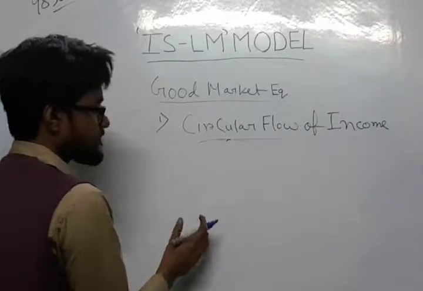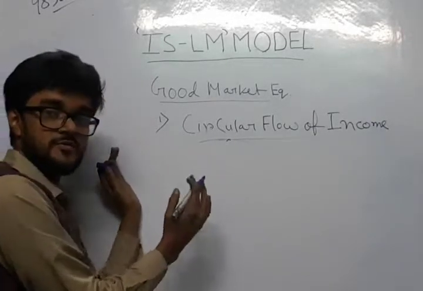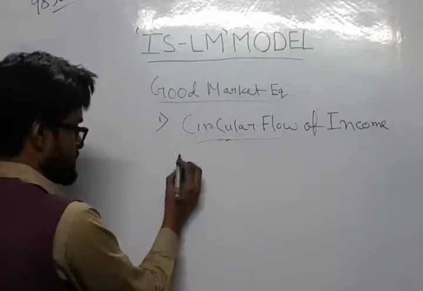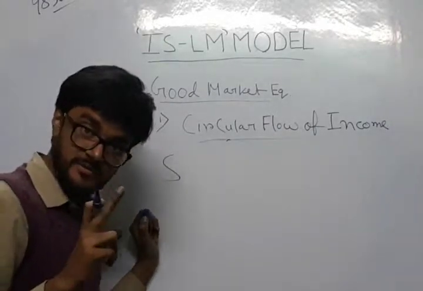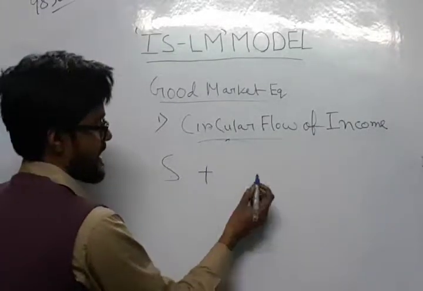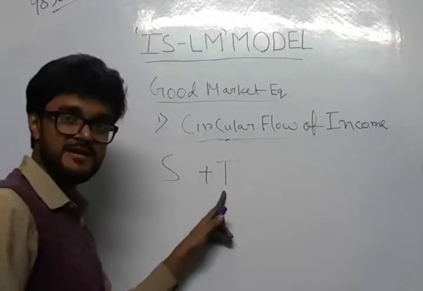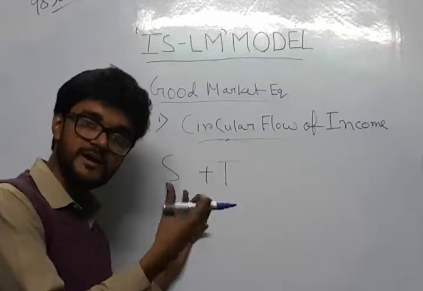That is, first on the left hand side we'll write the terms which are responsible for leakage. The terms are savings and tax. Savings is responsible for leakage, and say tax. Due to imposition of tax, the income gets reduced, or due to savings, the circular flow of income gets reduced.